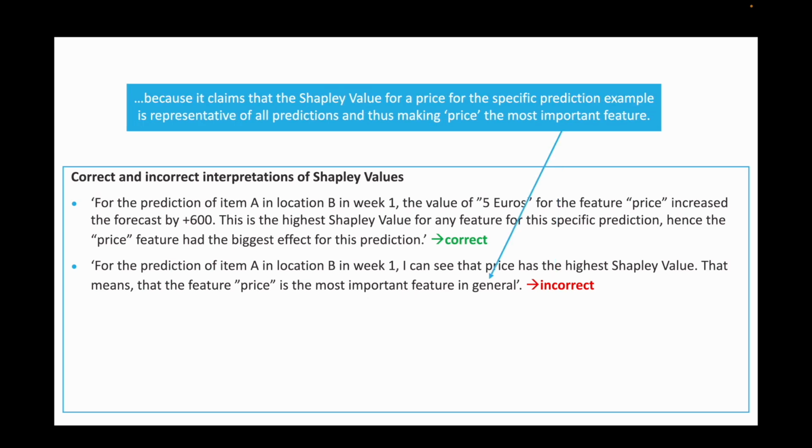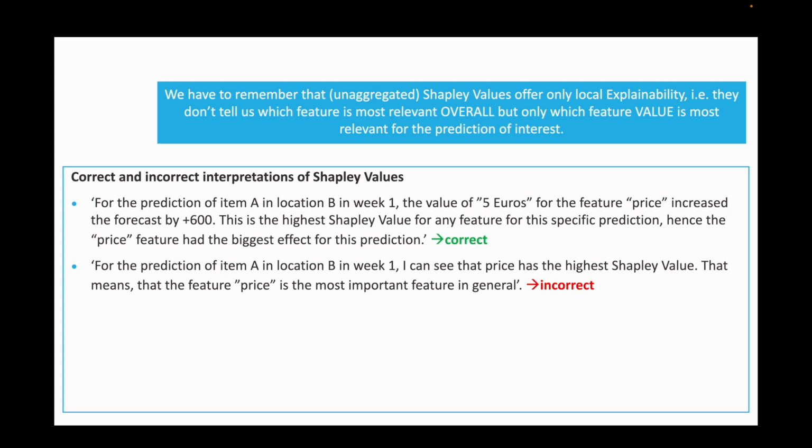Because it claims that the Shapley value for price for the specific prediction example is representative of all predictions and thus making price the most important feature. We have to remember that unaggregated Shapley values offer only local explainability. That is, they don't tell us which feature is most relevant overall, but only which feature value is most relevant for the prediction of interest.